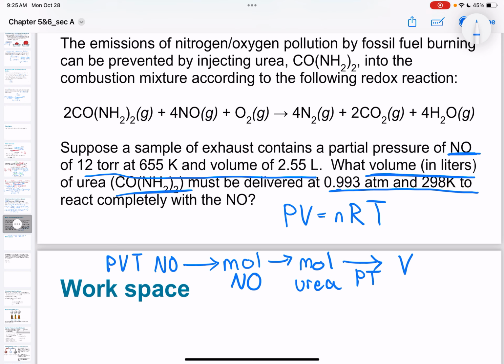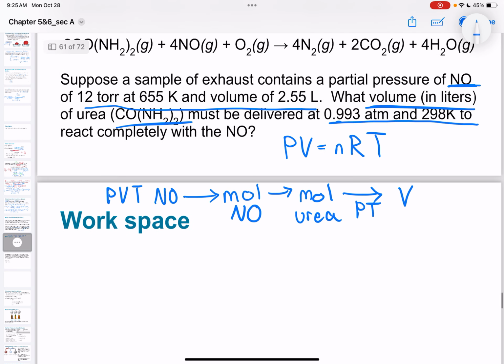What volume in liters? Okay, so PV equals nRT to get me to moles of NO, the mole to mole ratio to get me to moles of urea, and then moles, pressure, and temperature to get me to volume of urea. Okay, that's where I'm headed.